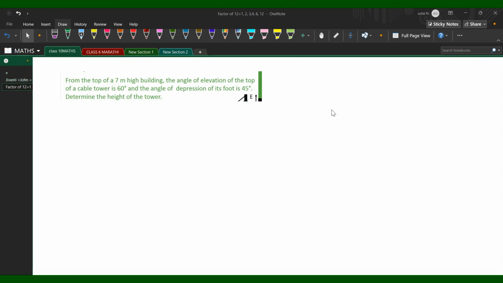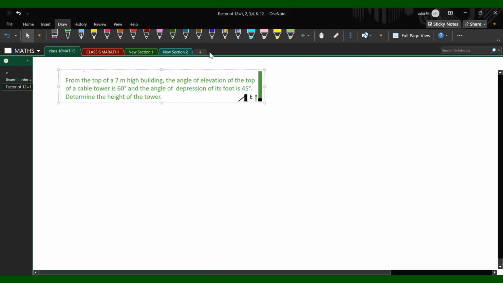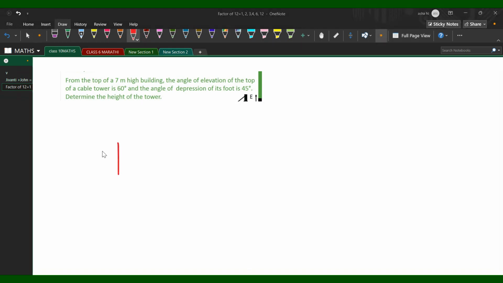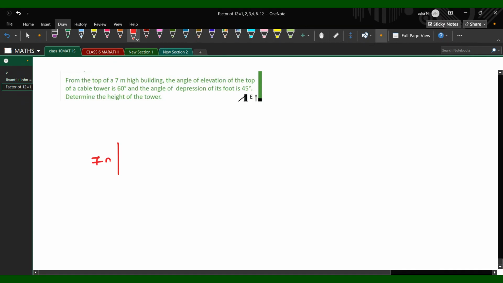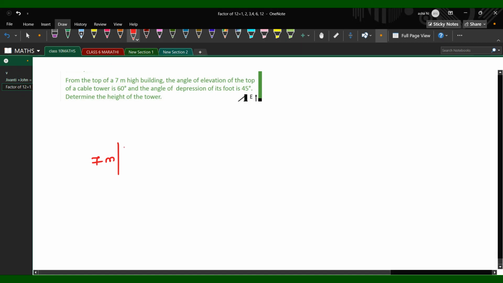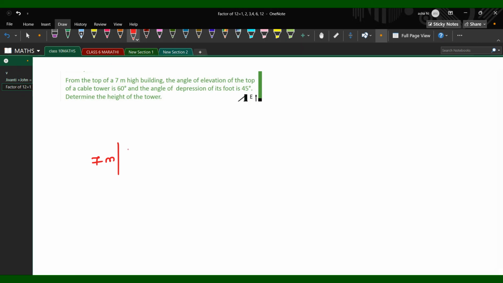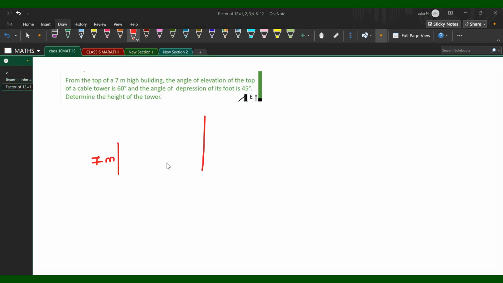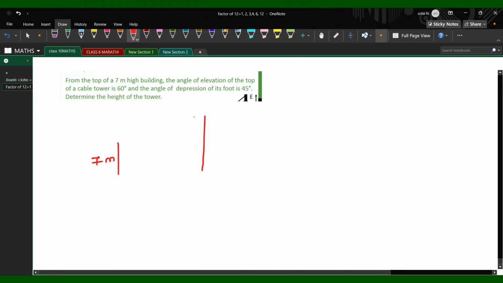From the top of a 7-meter high building. Suppose this is a building which is 7 meter. This is the cable tower. The angle of elevation of the top of the cable tower is 60 degree.